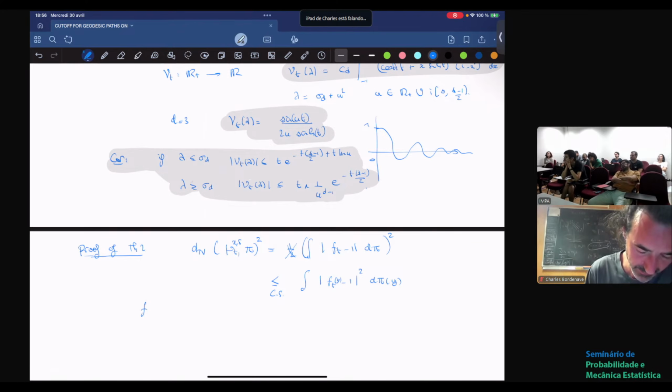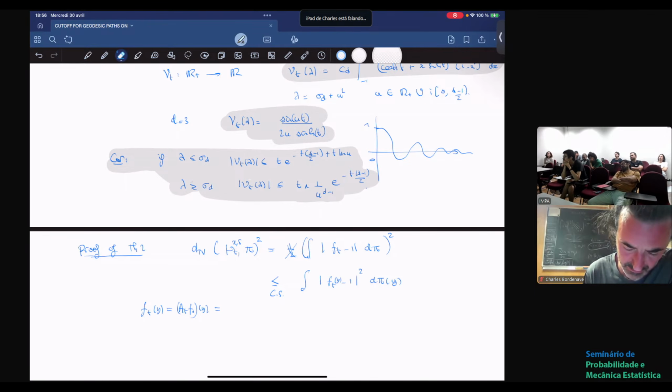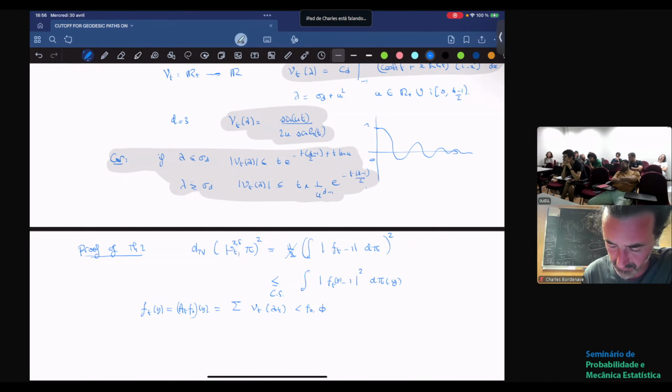But now we know that f_t of y is the operator applied to f_0 of y. This can be written as the sum over the eigenvalues of the Laplacian of my map, nu t lambda k, of f_0 phi k star phi k of y.